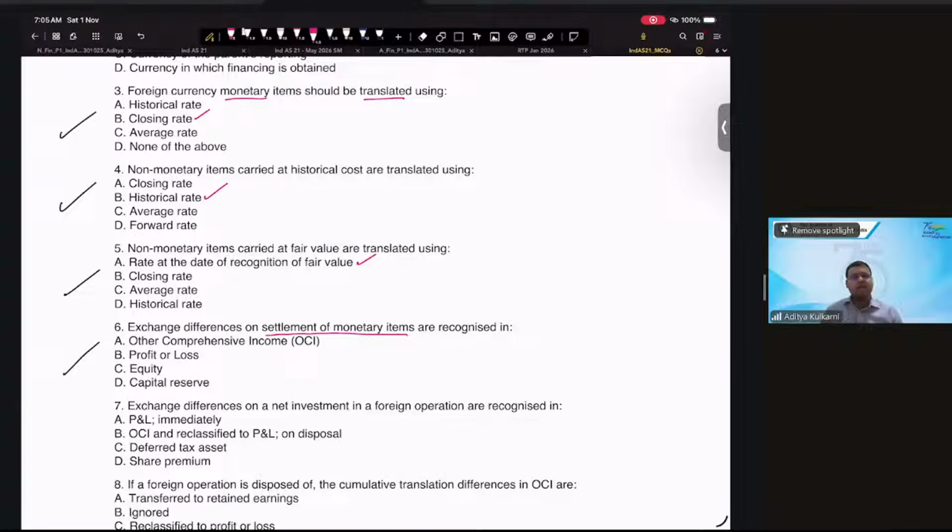Settlement of monetary items. Suppose today I have purchased something in US dollar when the rate is 88 rupees. Tomorrow when I settle, the rate is 90 rupees. So I'm paying 2 rupees extra. Where will this 2 rupees go? P&L account, not other comprehensive income. Okay. Sanjay, is that okay? Yes, you got it. So that goes to the P&L.